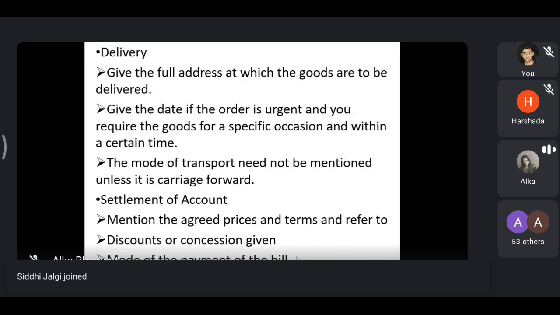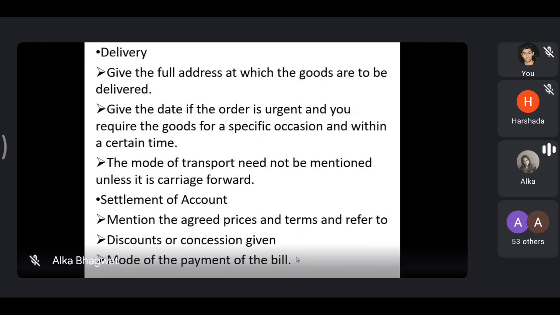Now, delivery: give the full address at which the goods are to be delivered, and give the date if the order is urgent and you require the goods for a specific occasion and within a certain time. The mode of transport need not be mentioned unless it is carriage forward. Whenever it is delivery, most of the time in letters of order, the delivery is done by the supplier, so you don't have to worry about it. And of course, he will add the charges on to you later. The full address is always better to be given, and exactly when you need it.